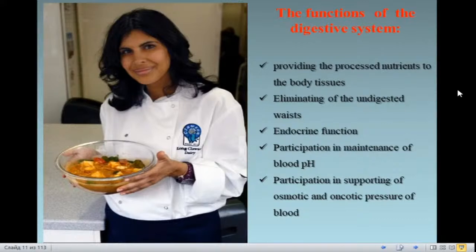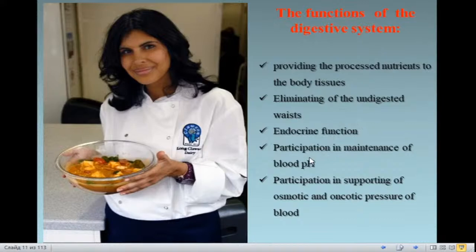The next, endocrine function, because most of the glands have specific influence on different body functions, and some of them are along the digestive tract.